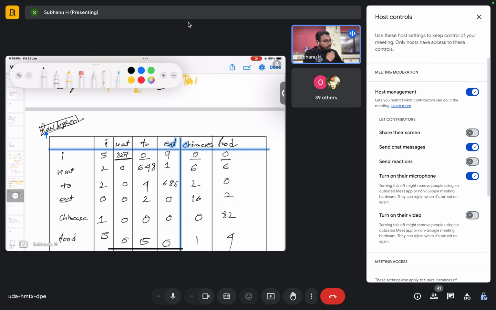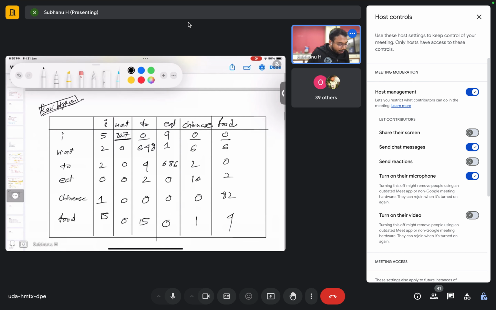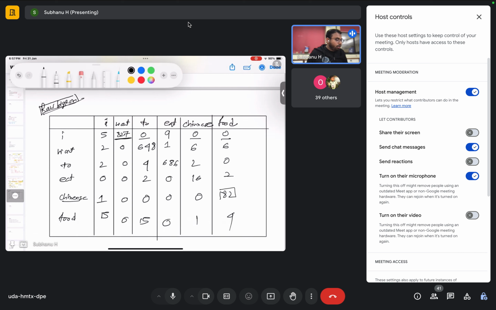But "Chinese food" appeared many times, so that count is 82. And "I want" appeared 686 times, so "I want" has the highest bigram count.